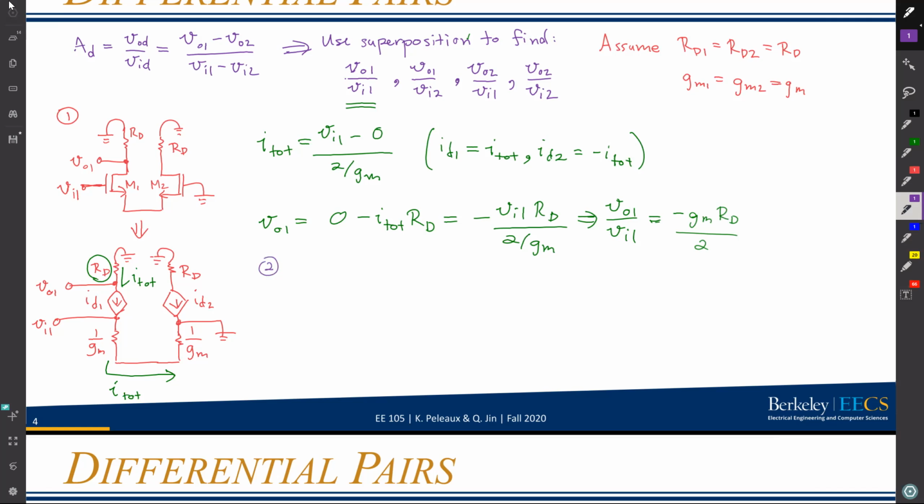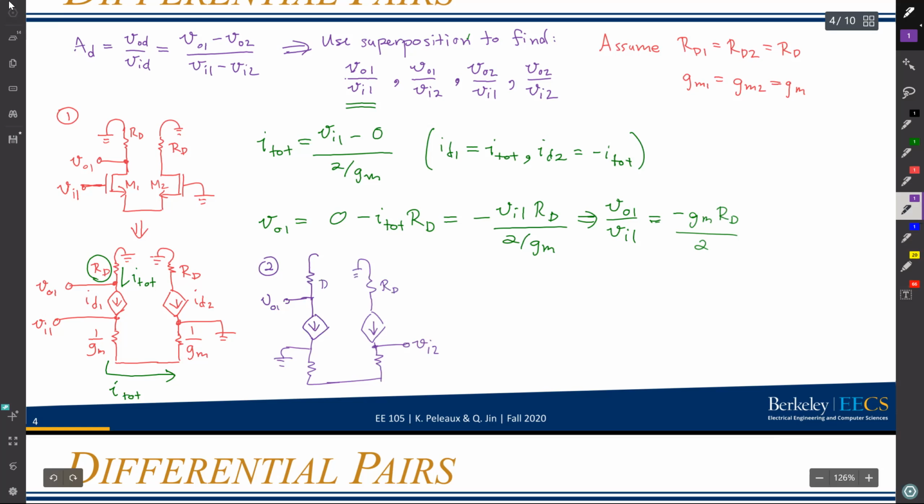To do that, we're going to draw the same circuit, but now instead of grounding the gate of M2, we're going to ground the gate of M1, because we're going to use superposition to find the effects of VG2, which is the same as VI2, on VO1. So the circuit is really the same thing we had before, just switching our inputs so that we're grounding VI1 and leaving VI2 in our circuit.